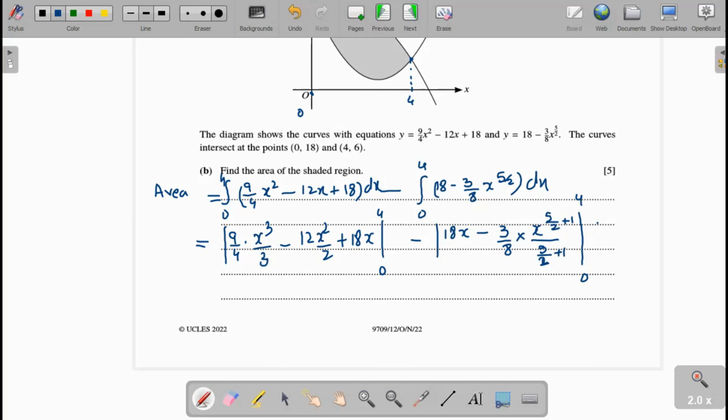The value will be equal to 3 over 4 x cube minus 6x square plus 18x, with 0 to 4 as the limit, minus 18x into x power 7 over 2 divided by 7 over 2, and that will be cancelled.